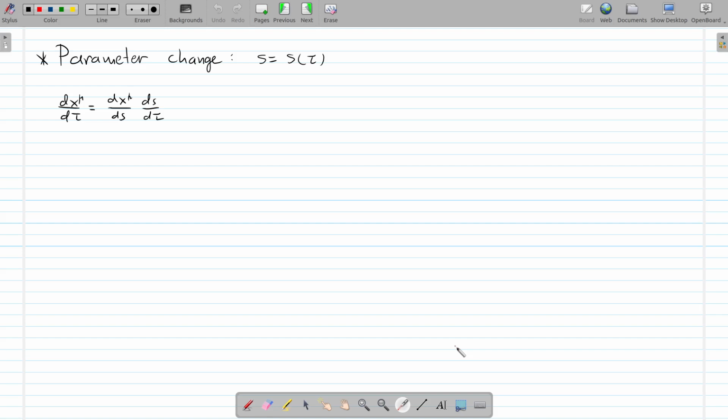Now let's see what happens to the geodesic equation if we change parameter.